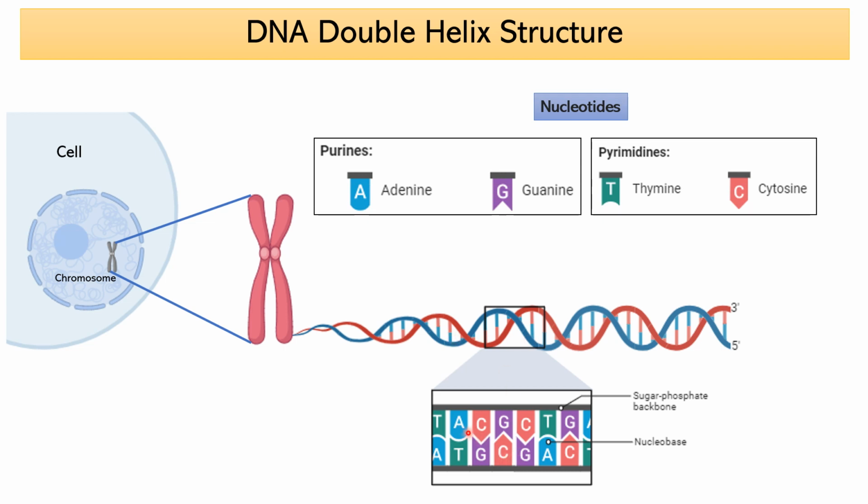The DNA is made up of a sugar phosphate backbone with nucleobases. The sugar phosphate backbone with a nucleobase together is called a nucleotide. So the building blocks of our DNA are 4 different nucleotides: adenine, guanine, thymine, and cytosine.